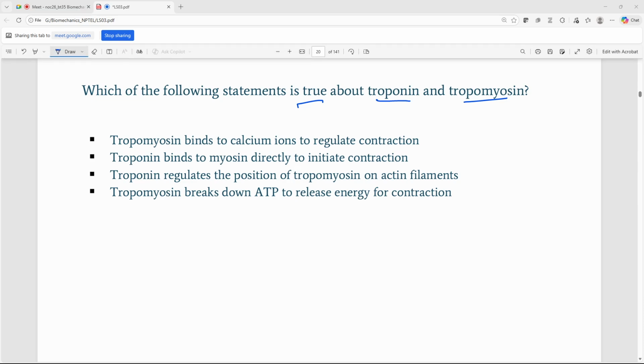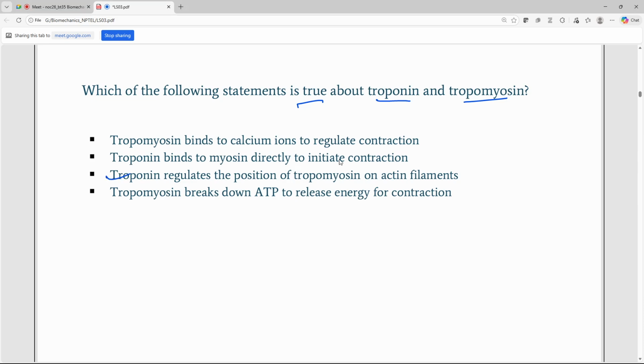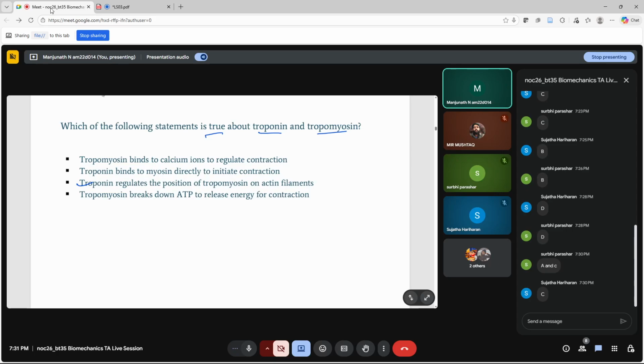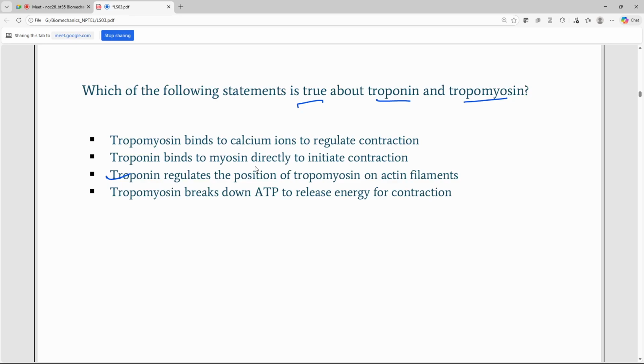Our answer is option C, the third option, that is, troponin regulates the position of tropomyosin on actin filaments. It's not A, because tropomyosin does not bind with calcium; it's troponin that binds with calcium.